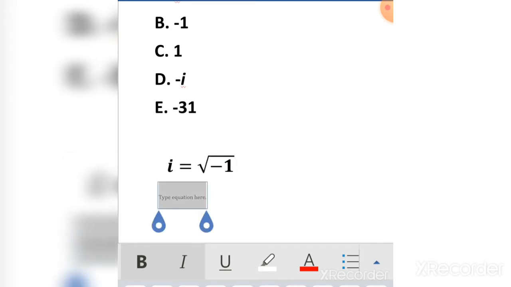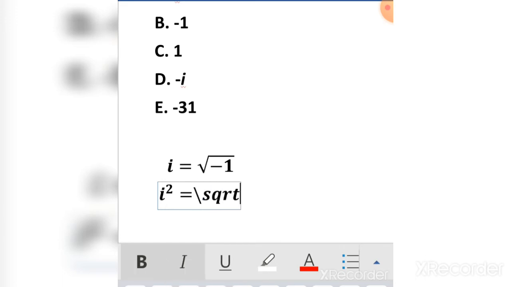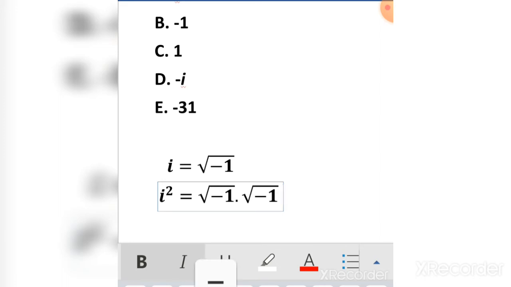If i is equal to the square root of negative 1, then i squared is equal to the square root of negative 1 times the square root of negative 1, and this is also equal to negative 1.